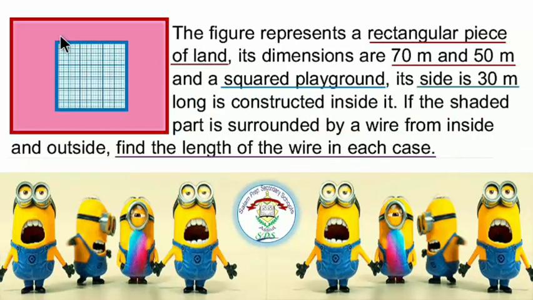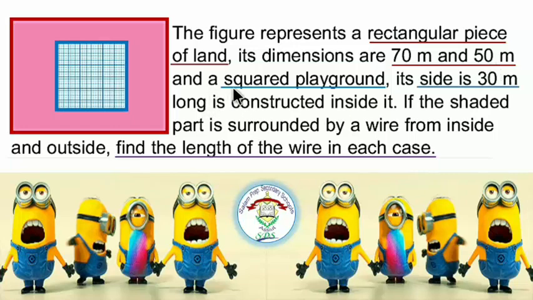The next one. The figure represents a rectangular piece of land. This is a piece of land in the shape of a rectangle. Its dimensions are 70 meters and 50 meters. 70 is length, 50 is width.